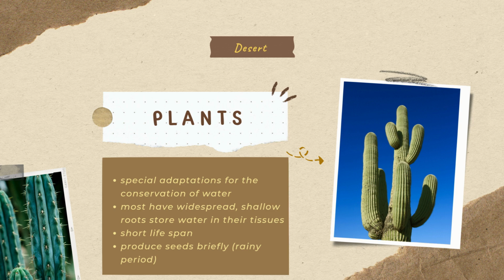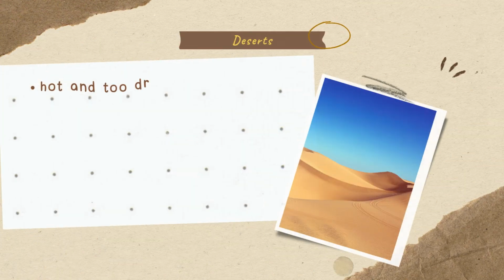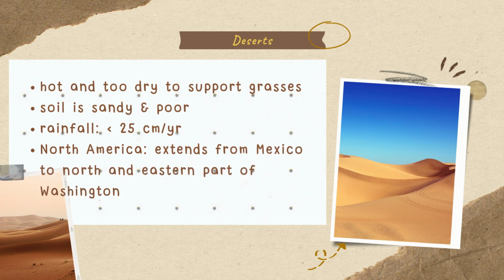Okay, so that also adds up to its ability to store water within its vascular tissues. These plants as well do have a short lifespan, and they tend to produce seeds whenever a rainy period happens. Okay, again, deserts still experience rain. They do have a rainy period, like what I mentioned a while ago. They still have rainfall, though it's around 25 centimeters a year only.